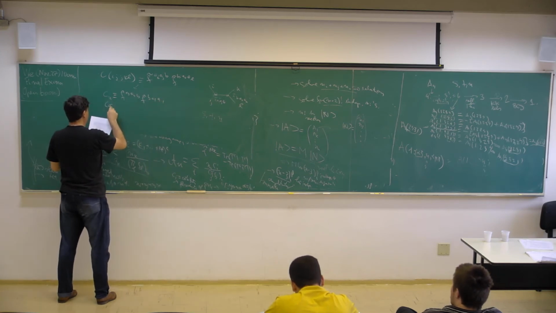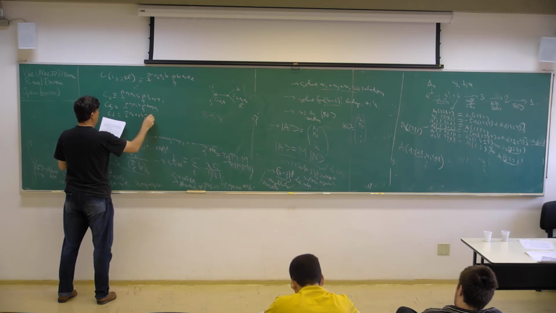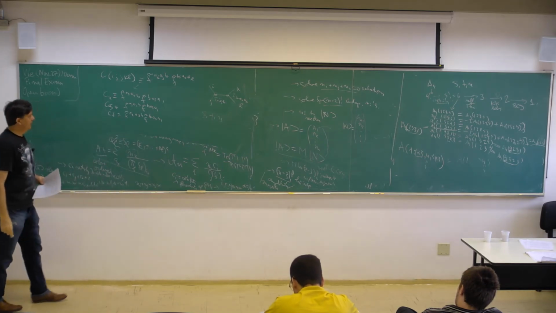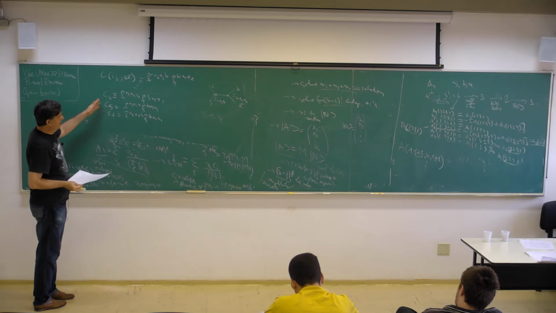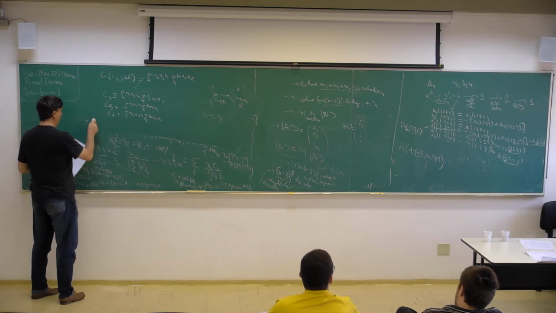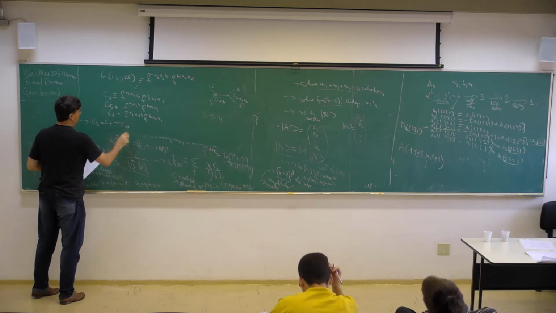CS: F tilde A1, A2, B, F tilde B, A3, A4. And CT: F tilde A2, A3, B, F tilde B, A4, A1. All right? And then you can do algebra to show that these satisfy this relation.